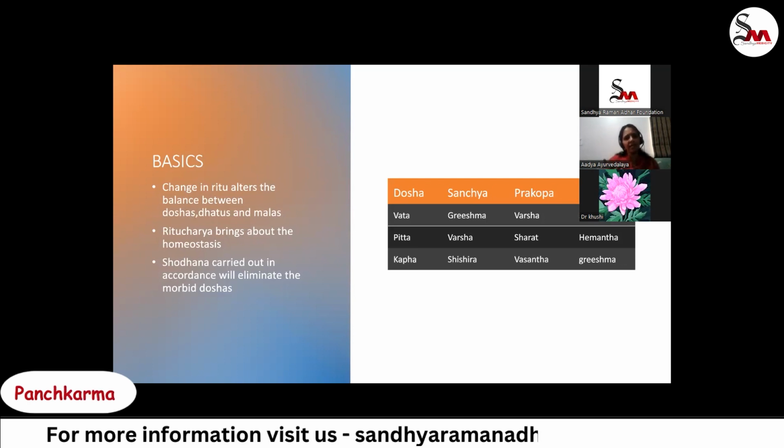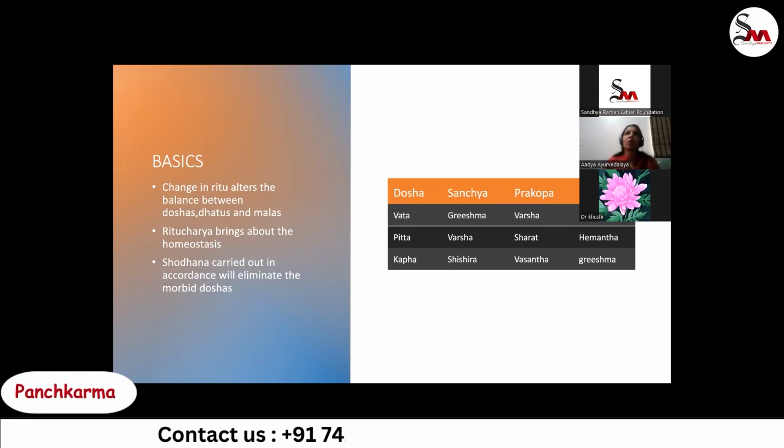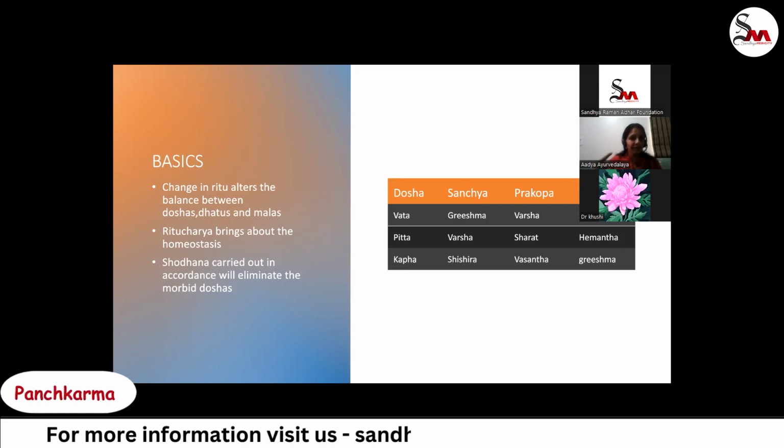In patients who have Tamaka Shvasa and Kaphaja Vyadhis, we perform this Ritu Shodhana regularly. In many colleges we have seen they conduct Vamana in Vasanta.